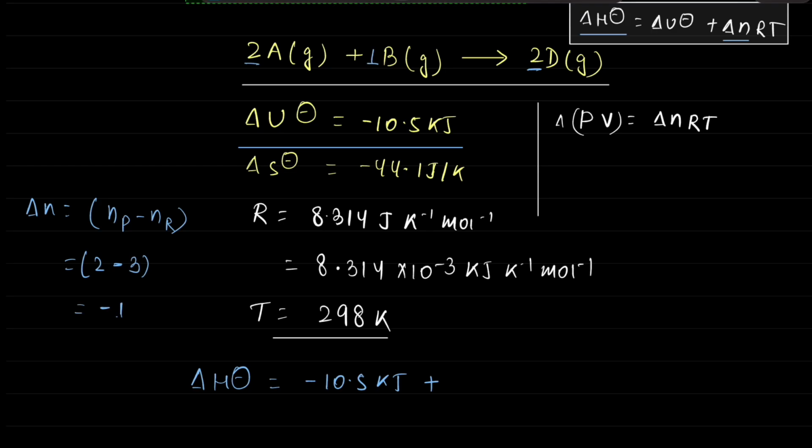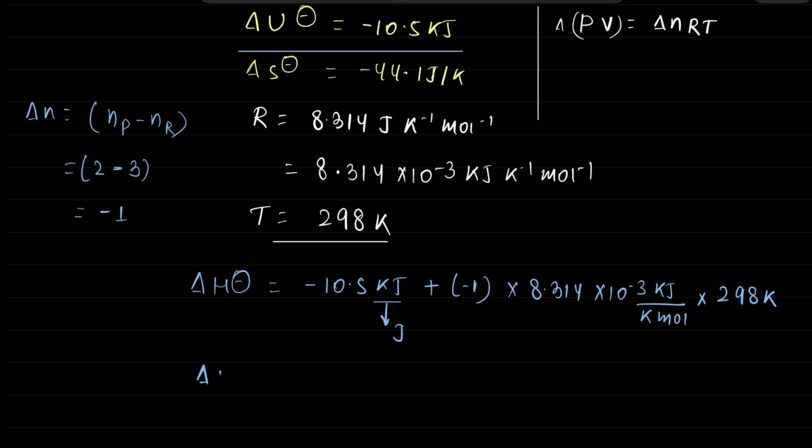So we get minus 1. Here we substitute minus 1, R is equal to 8.314 into 10 to the power minus 3 kilojoule per Kelvin mole. We convert in terms of minus 3 because here we have kilojoule. Either you can convert this to joule, or use 8.314 in kilojoule, into temperature 298 Kelvin.